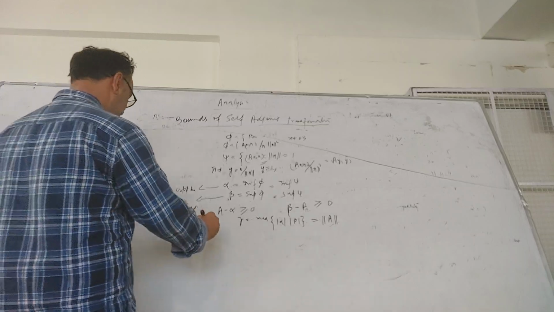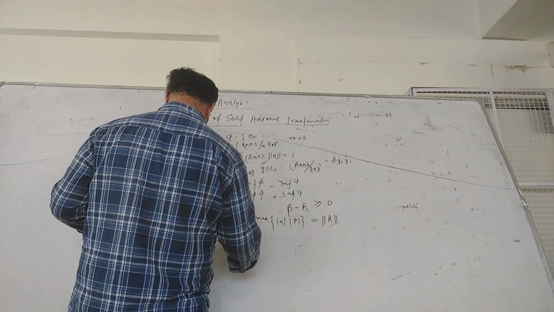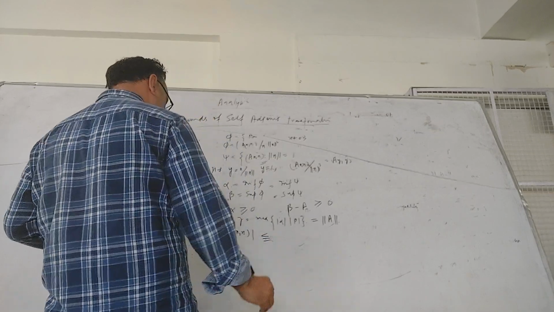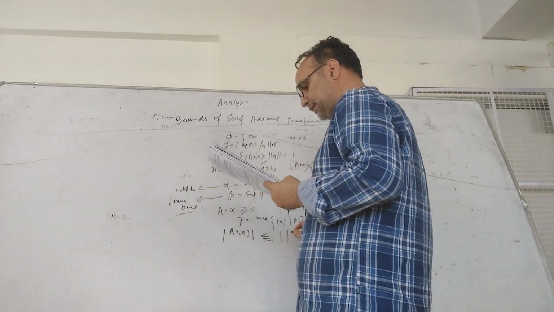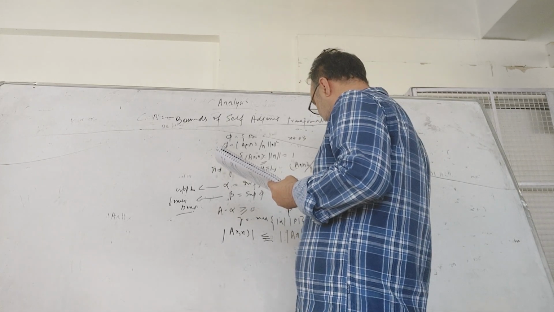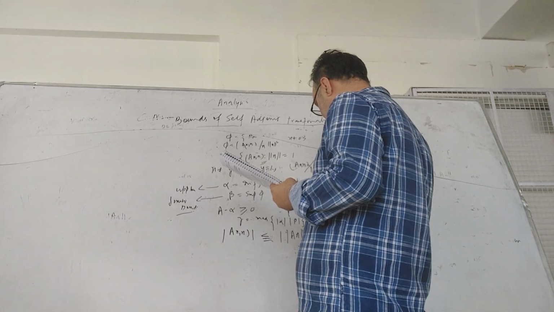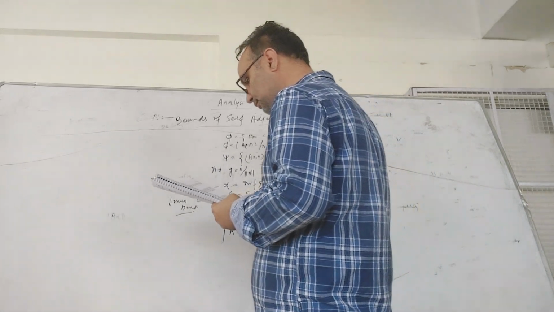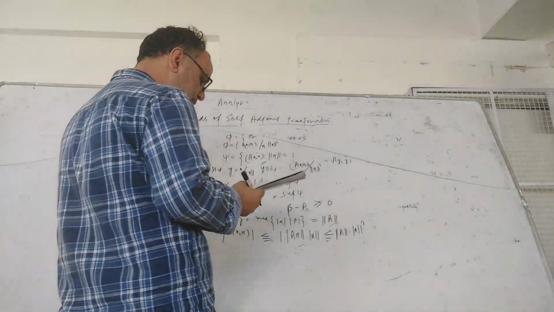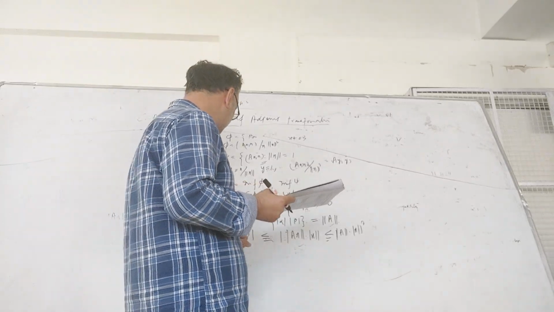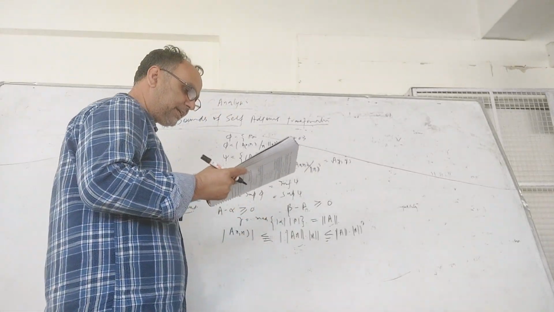If you define things this way, it will always be less than or equal to, the way we have been doing it, the norm of Ax is less than or equal to the norm of A times the norm of x squared. So it's clear that alpha and beta are both dominated by the norm of A.